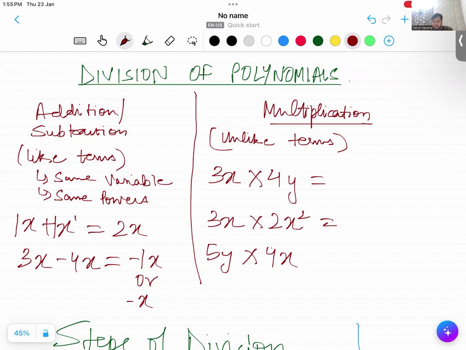In the first case, 3 multiplied by 4 makes 12, and x multiplied by y becomes xy. The answer will be 12xy. In the second case, 3x multiplied by 2x square becomes 3 2s are 6, and x multiplied by x square becomes x cube. And in the last case, 5 4s are 20, and xy will also get multiplied.